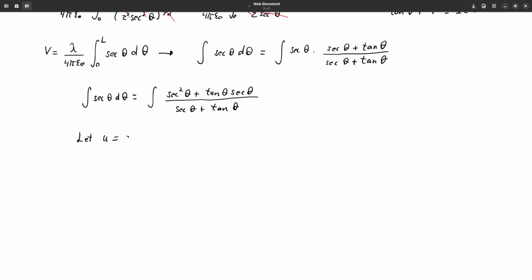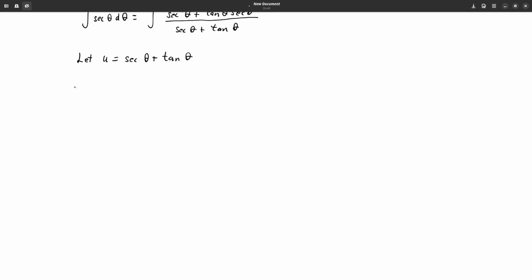Now we use a simple u substitution for the denominator. And then we have to find out what du is.